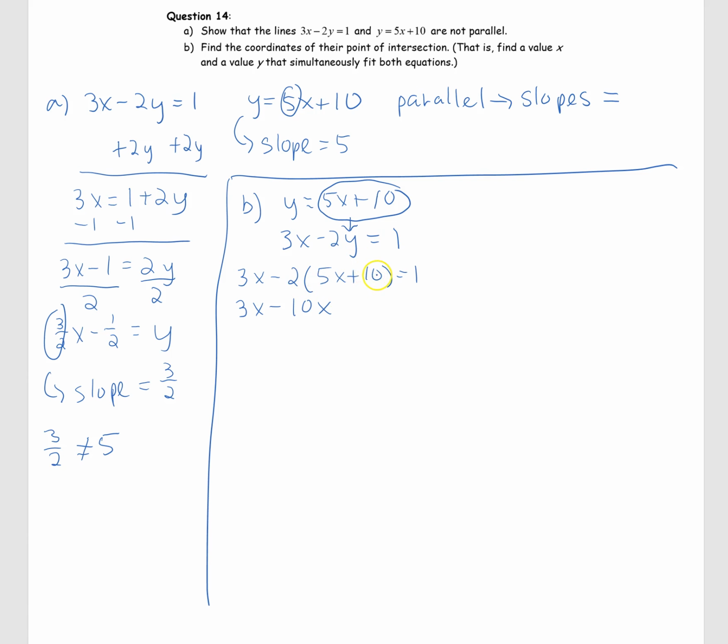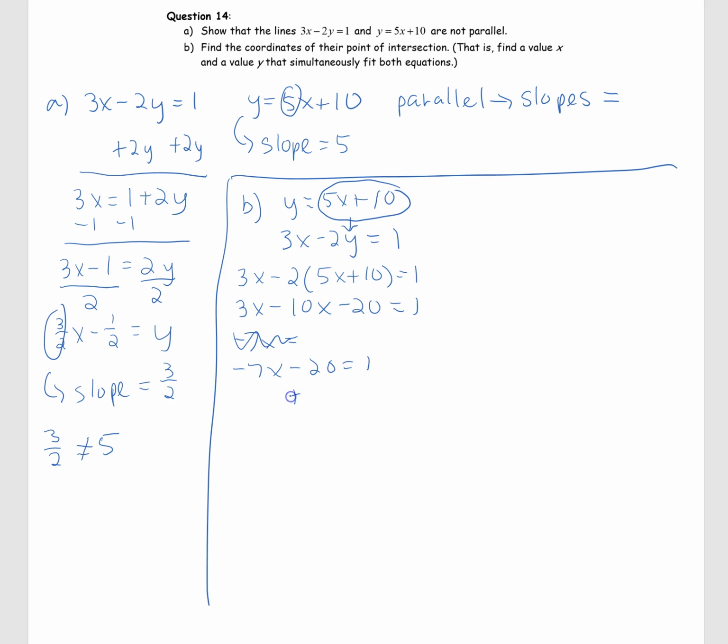Multiplying -2 times positive 10 is -20. That equals 1. And so I'm going to combine like terms, and 3x minus 10x is -7x. Sorry, let me rewrite that line. So it's -7x minus 20 equals 1.